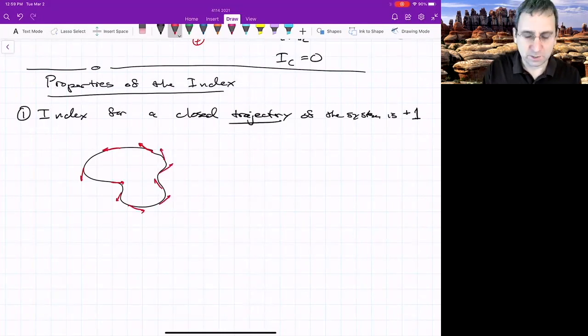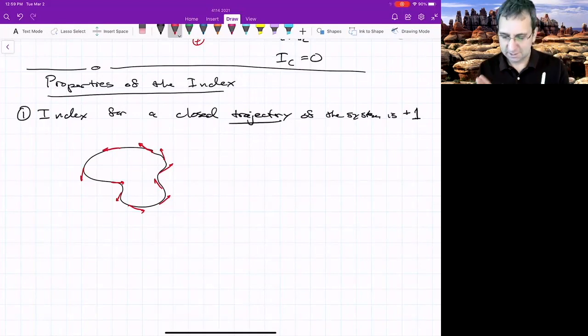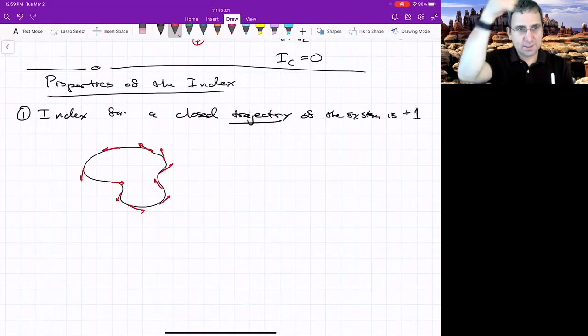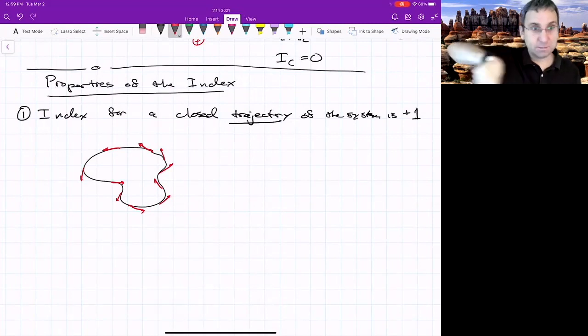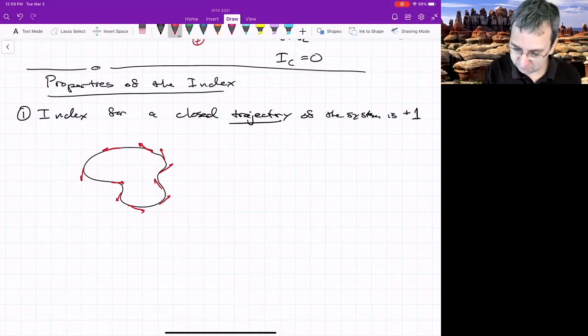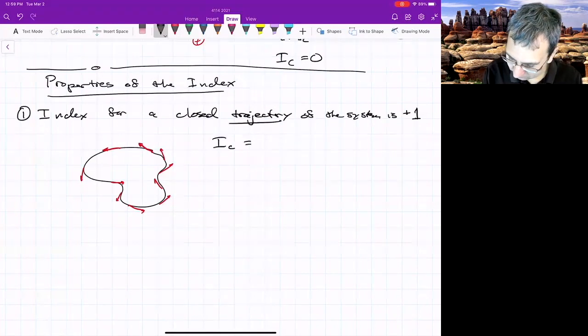And hopefully you can convince yourself, as we go around, the arrow, in this case, I've drawn a trajectory that goes around counterclockwise. And so, of course, the arrow must also go around once counterclockwise. The net amount is once. So for this particular case, we would get I_C equals +1 for this closed curve.